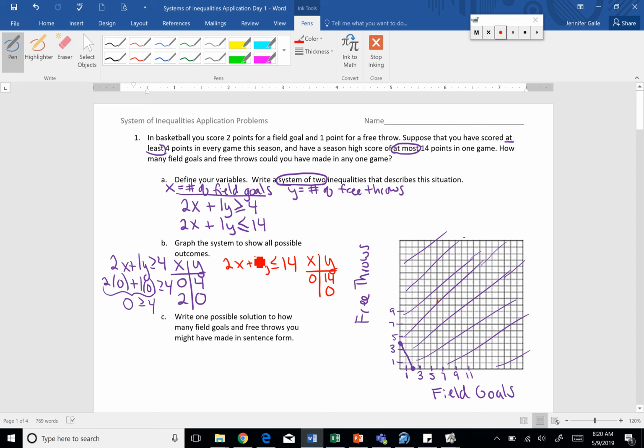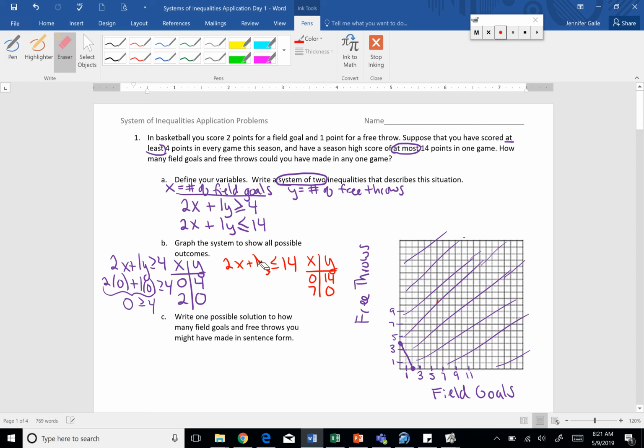If I put a 0 in for y, now I have to do 14 divided by 2. Remember, we always divide by what's in front of the variable, even if it means we get some kind of ugly fraction or a decimal, that's okay. We have to divide by what's in front of the variable, and we get a 7.